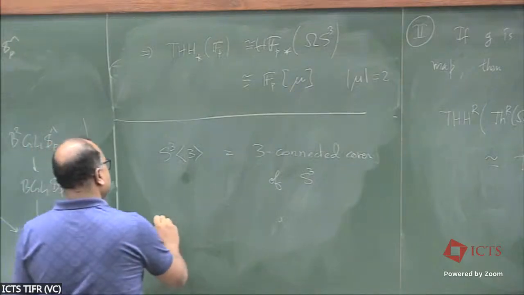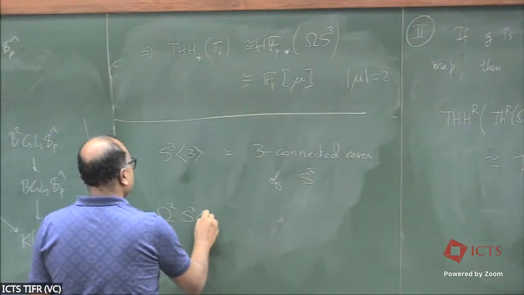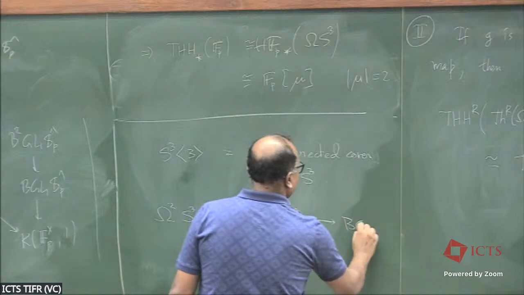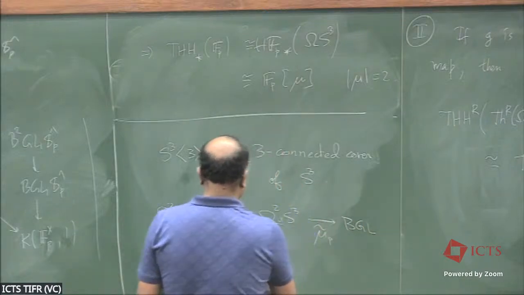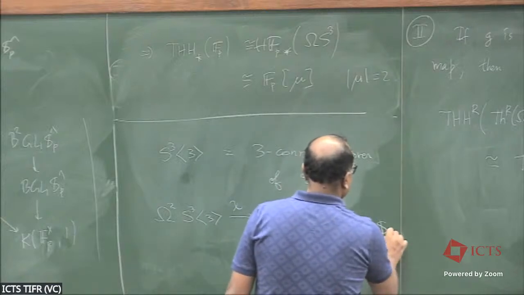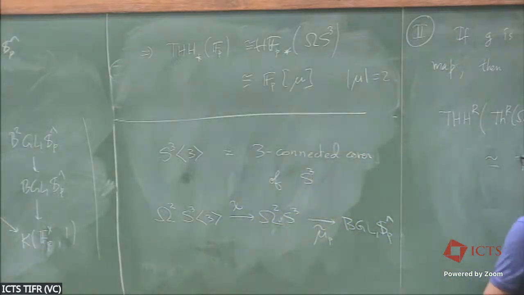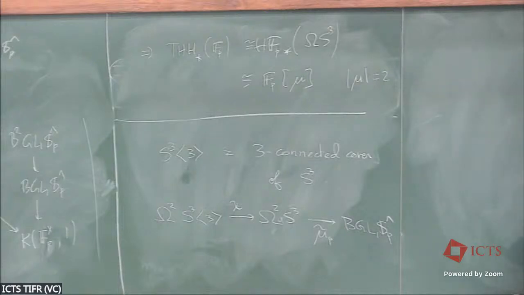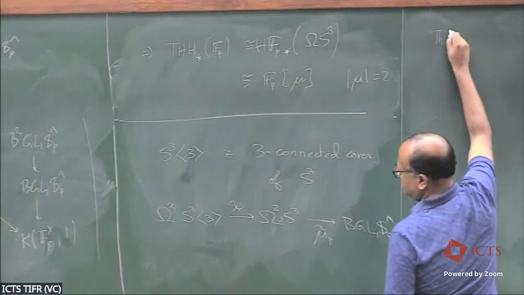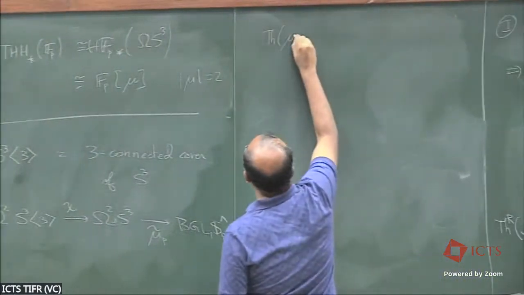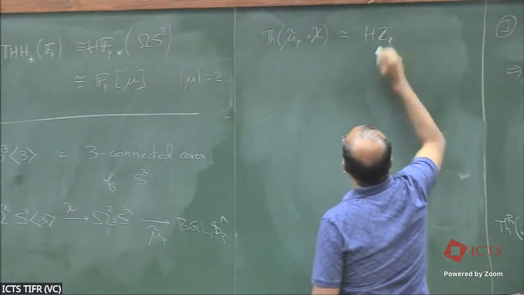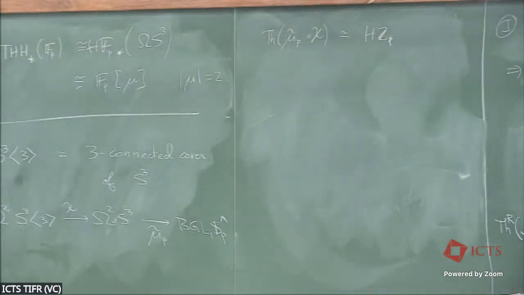Now if you look at omega 2 of this 3 connected cover to omega 2 S3, and then you use the map mu p tilde, and let's call this chi, to BGL1 SP, then the Thom spectrum of the composite, which is mu p tilde circle chi, is HZP, the completed Eilenberg-MacLane spectrum.